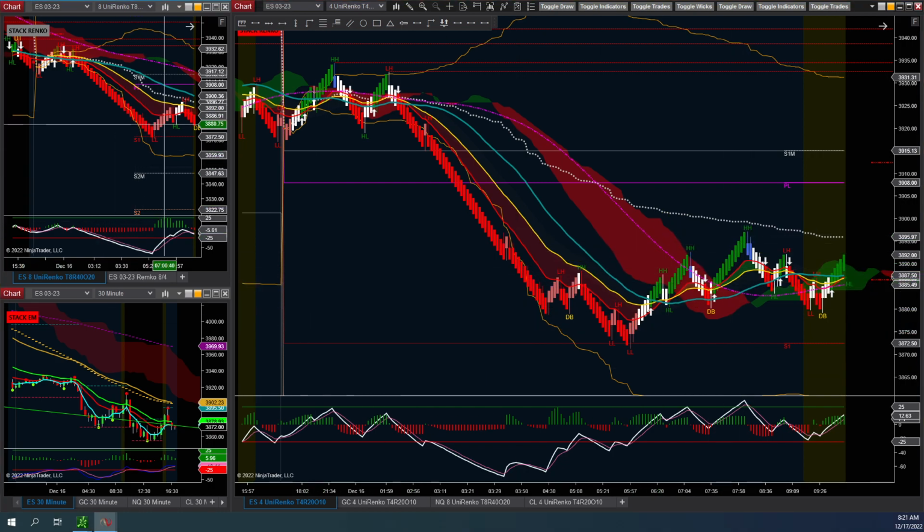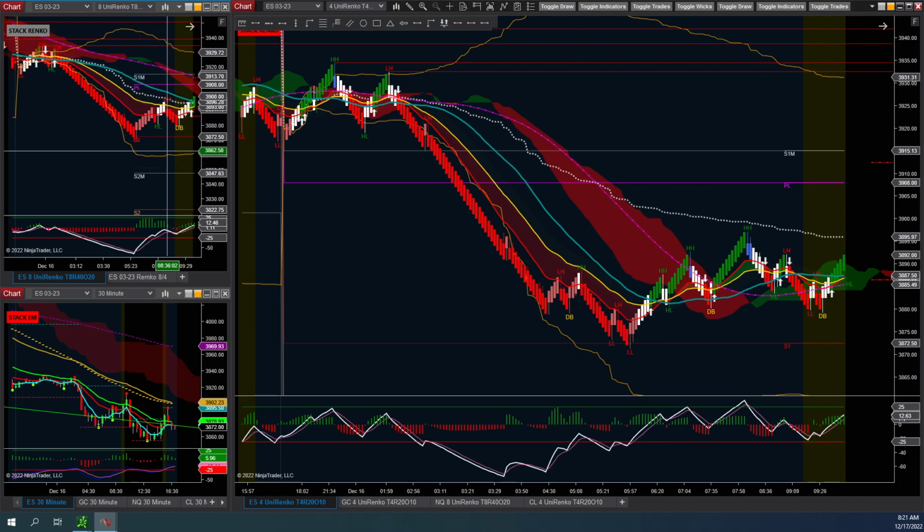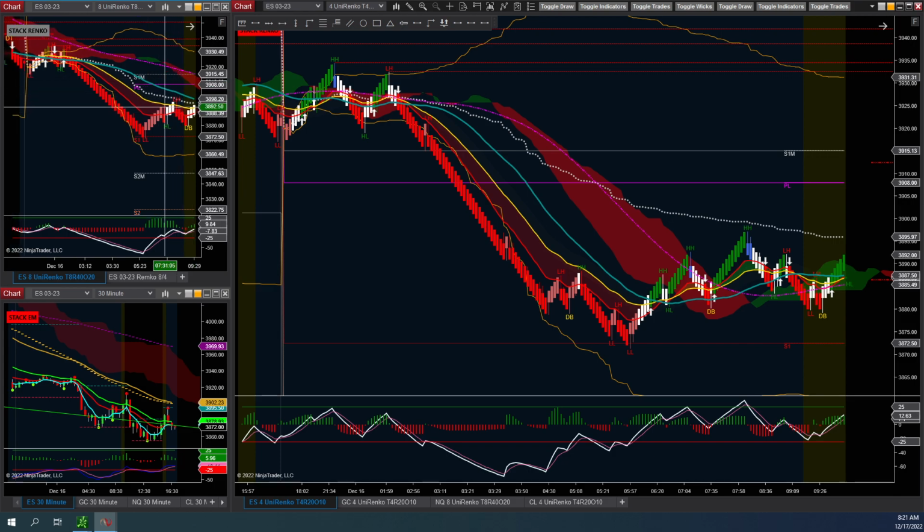Okay, so in the anchor chart, if we go a little bit there, there's a lot of congestion. So the indicators are saying that there's a lot of resistance above the price, right?